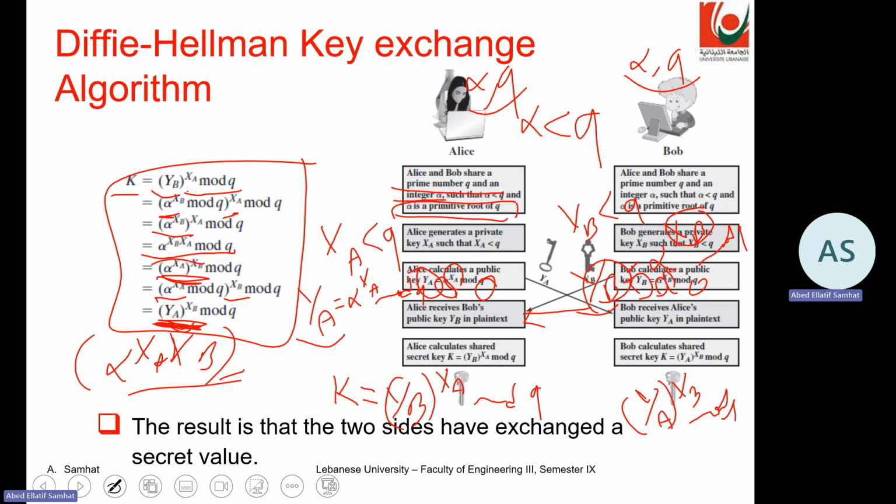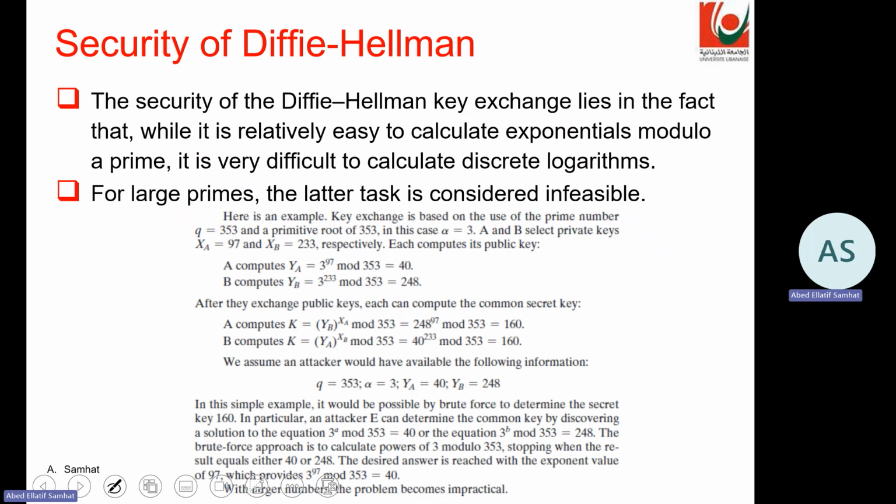It's computationally very difficult to compute it. So this is the security of Diffie-Hellman. As we said, the difficulty is in the fact that while it's relatively easy to calculate an exponential modulo a prime, it's very difficult to calculate the discrete logarithm.